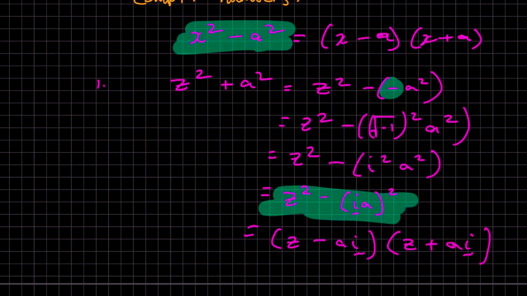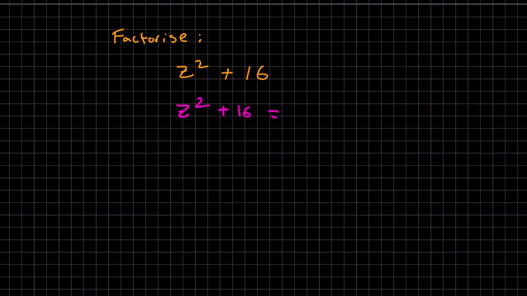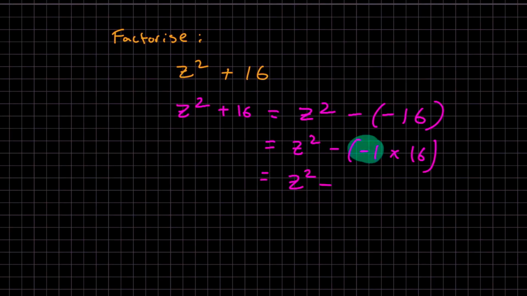Now let's try this with some actual numbers. So let's try to factorize z squared plus 16. Again, we know that z squared plus 16 can also be written as z squared minus negative 16. And we also know that this negative 1 can be rewritten as the square root of negative 1 squared times 16.